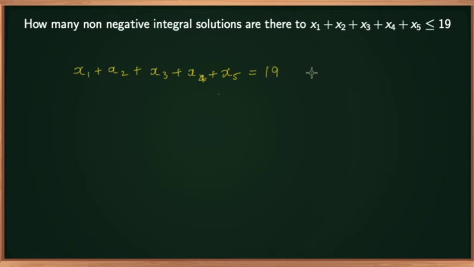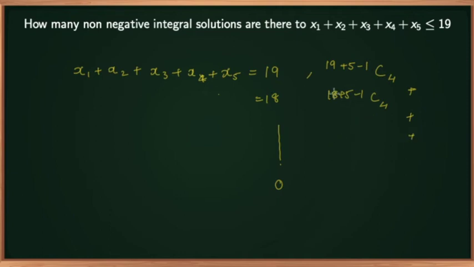Now we know the solution for this is 19 plus 5 minus 1 C 4, right? Now if this is equal to 18, we have the solution 18 plus 5 minus 1 C 4. Similarly, we can go until 0. So all these things you need to add up to solve this particular problem. That is one way of solving this problem.